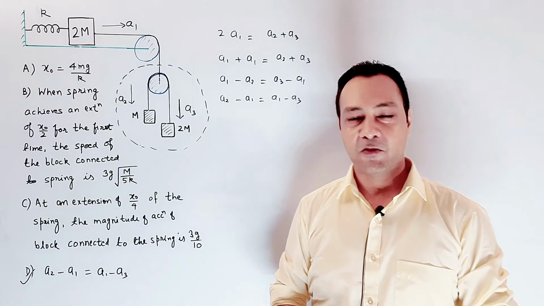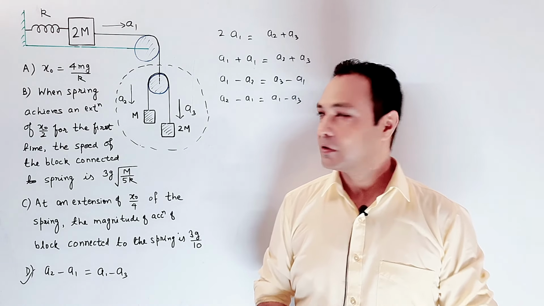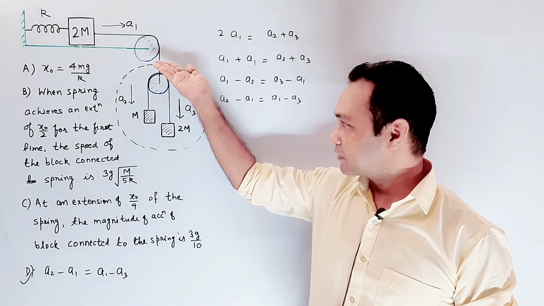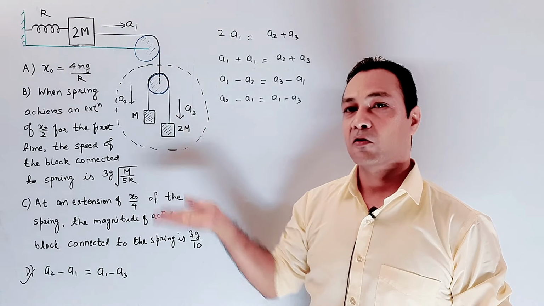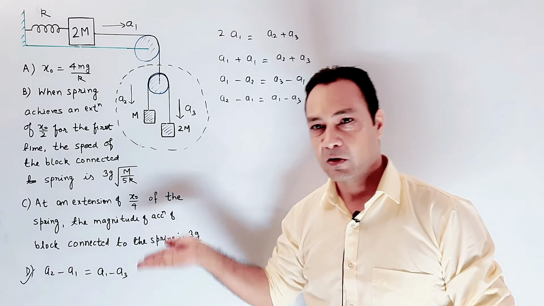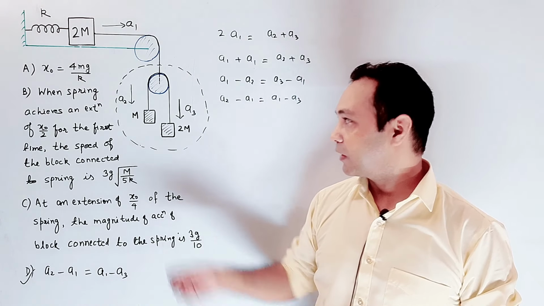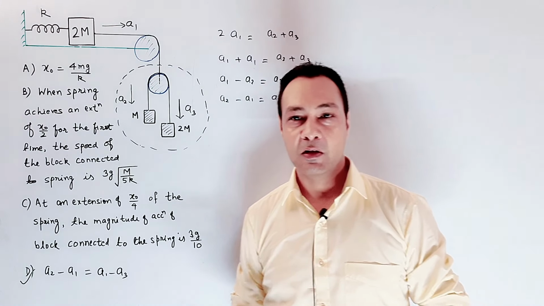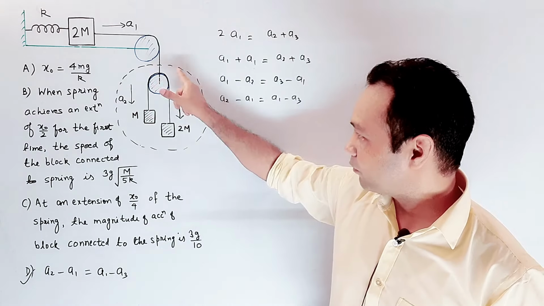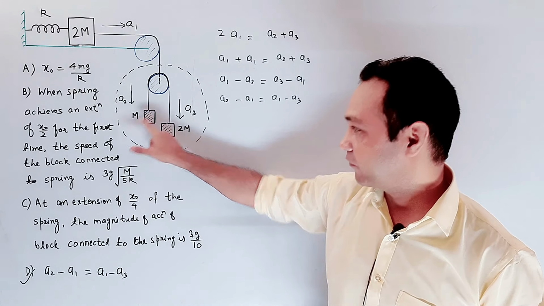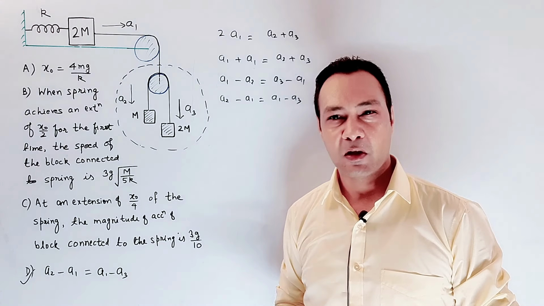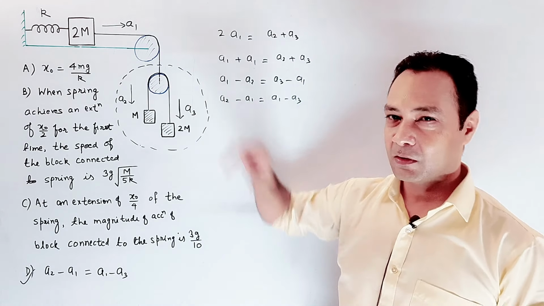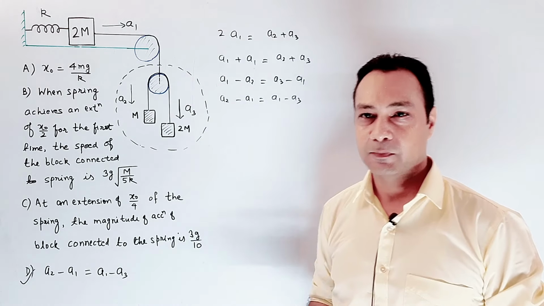And this I've done in some of the previous videos, that we can replace this by a single mass, whether this pulley is stationary or moving up or moving down. Say I am replacing this whole system by mass m0, and the connection between m0 and, suppose this is m1 and this is m2, is 4 by m0 is equal to 1 by m1 plus 1 by m2, and I'll give you a very quick proof of that.